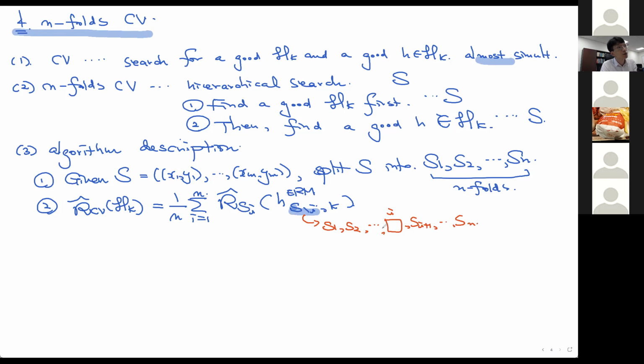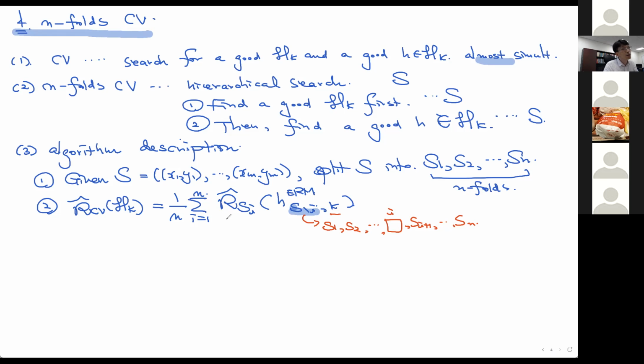So we just remove the examples in the i-th fold, and then we put all the other examples together, and use those examples to train and try to come up with a hypothesis that best explains all these examples except those in the i-th fold, using hypotheses in HK, and then come up with an ERM solution and evaluate with respect to something excluded, which is the examples in the i-th fold, namely examples in Si.